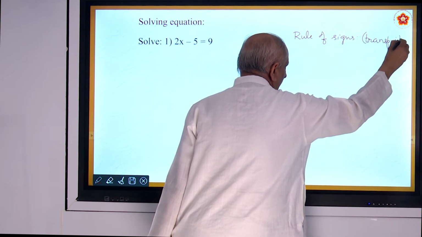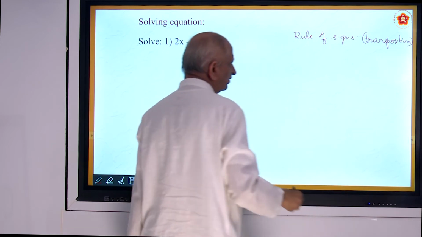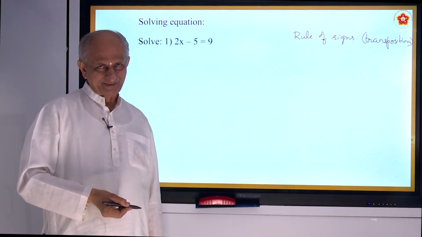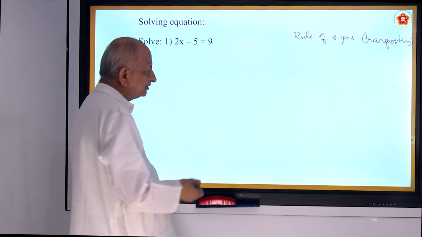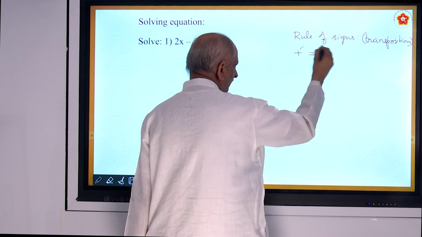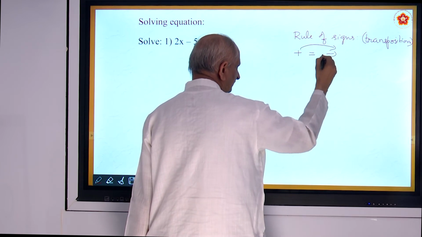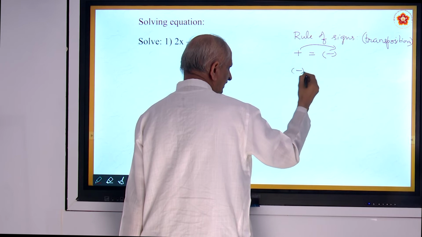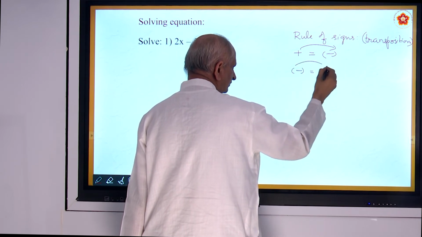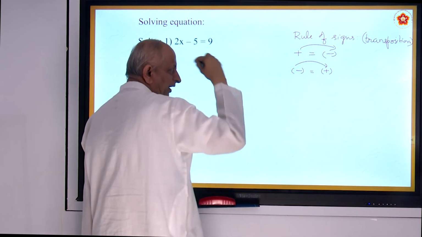When the terms or the numbers are to be transferred to the other side, this rule of signs applies. For example, if you have plus here, when you transfer to the other side it becomes minus. When you have minus on the left hand side, it becomes plus. Are you following?